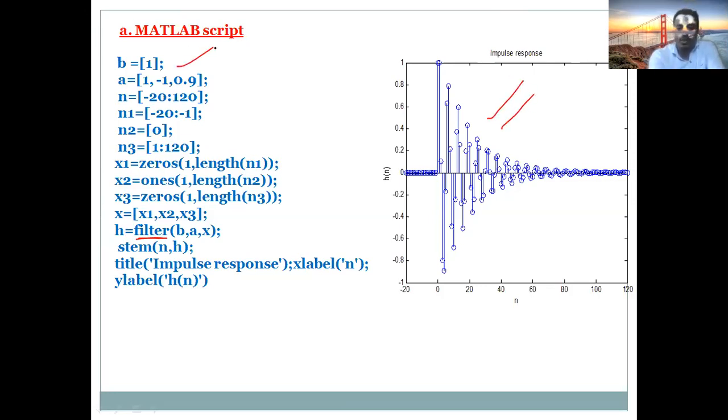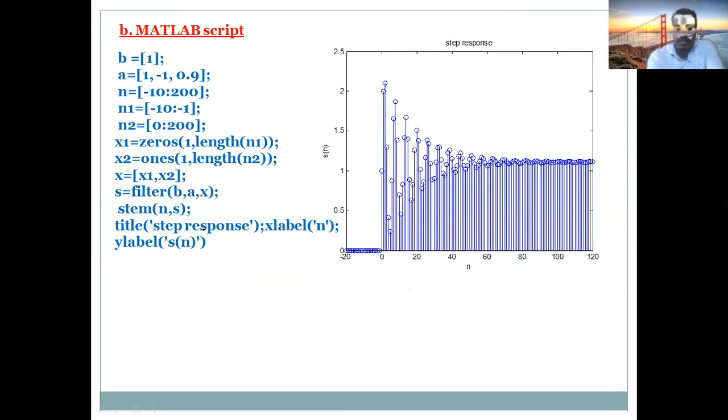What is B? Coefficients. What is A? Coefficients. These are inputs, which is impulse input. Then you can calculate by this command. As you can see here also, we use the command filter with B, A, X. This one command, if you have any difference equation, you can determine. Look, this is the response of this system.